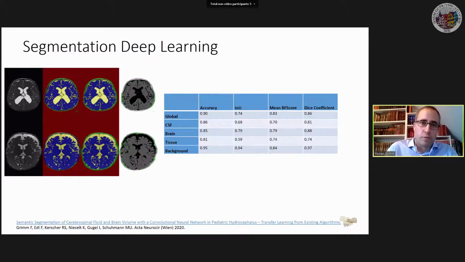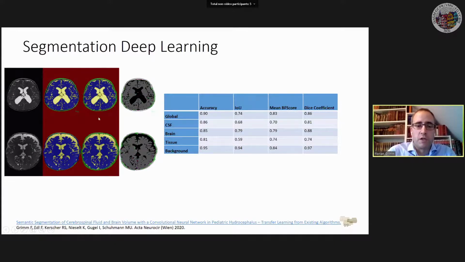So here I display our classification results. In the first column, the native T2 datasets are illustrated, followed by the segmentation results of the FAST algorithm.